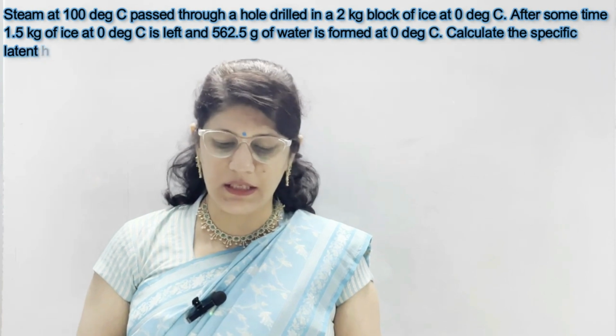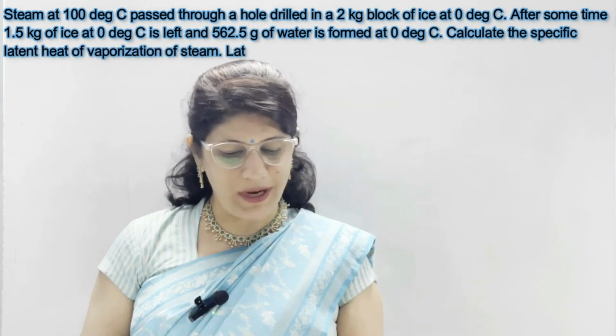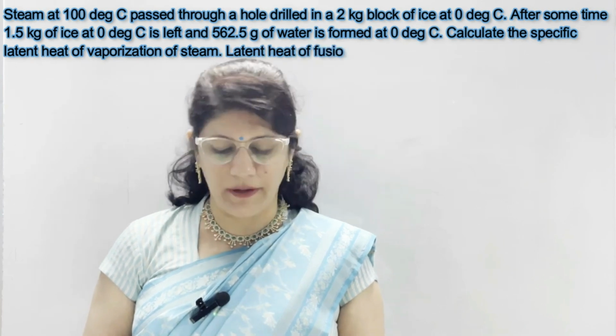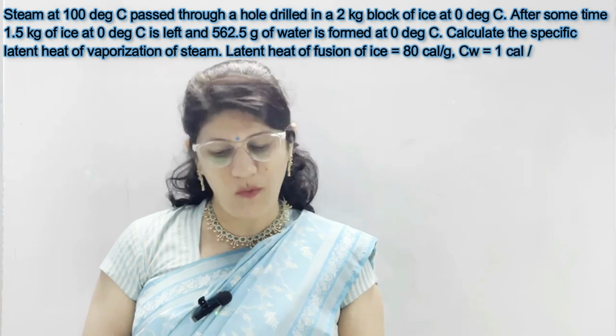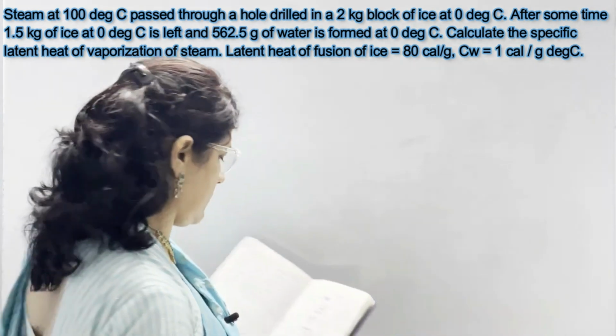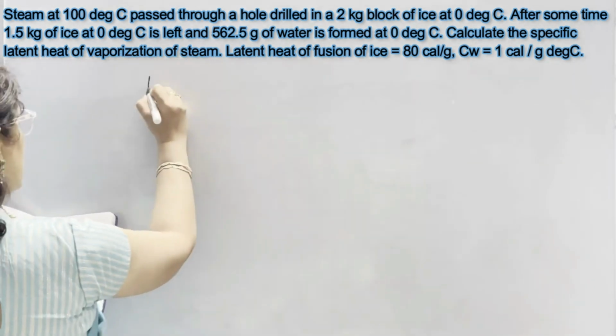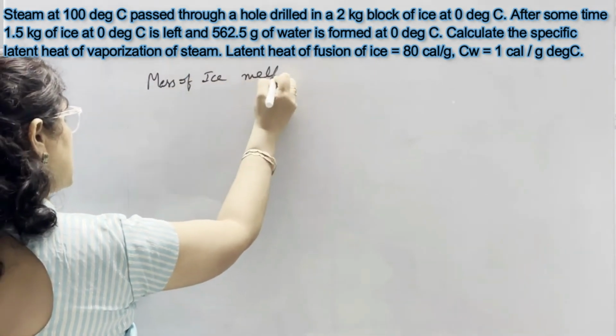Calculate the specific latent heat of vaporization of steam, and latent heat of fusion of ice is given as 80 calorie per gram. And specific heat capacity of water is also given as 1 calorie per gram per degree Celsius. So here we again need to calculate mass of ice melted.